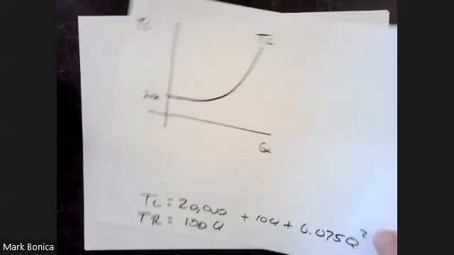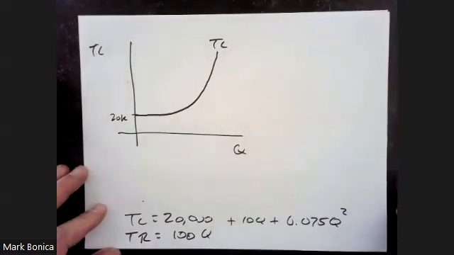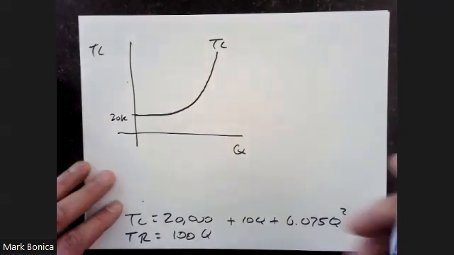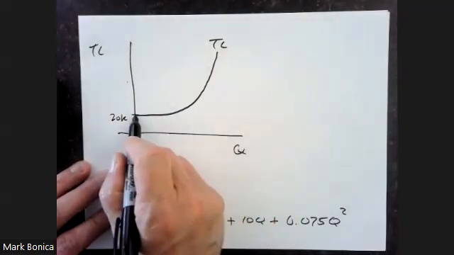All right. So let's assume we're fundamentally working in an environment where we are price takers, which means that we can't set our price. We have to accept whatever the market price is. And so the market price is 100. So I've now graphed my cost function, my total cost function.